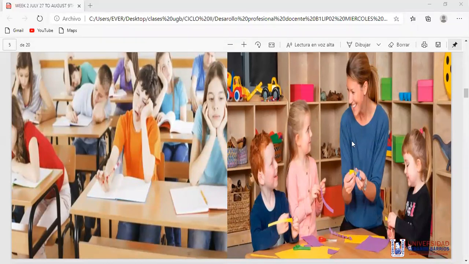Another thing is that in the other image, at first sight, I can see a lot of realia. Do you know what realia is? Well, realia are those real objects that you use in order to teach.